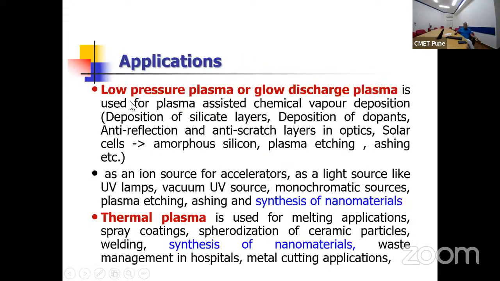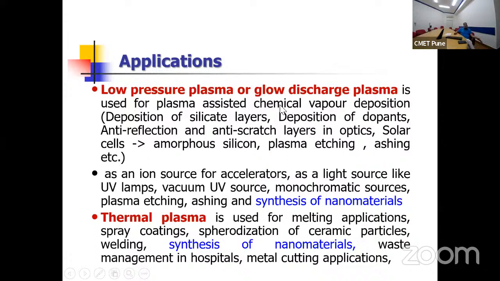So, what are the applications for glow discharge? Glow discharge plasma enhanced processes are generally conducted at low pressure. They are used for plasma assisted chemical vapor deposition for silicon layers, deposition of dopants, anti-reflection coating, anti-scratch layers in optics, solar cells, amorphous silicon, or plasma etching.